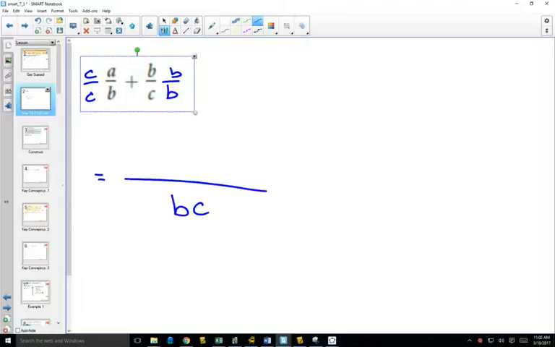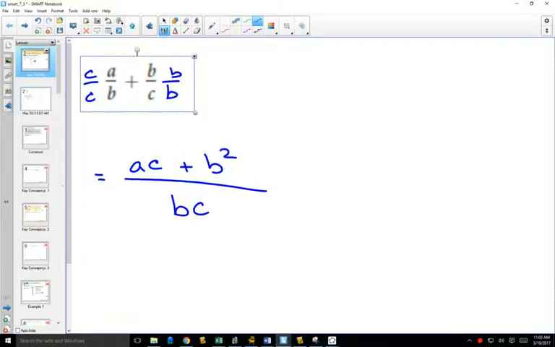How do we add fractions after we get a common denominator? We just keep the denominator the same, add the top. So what am I going to get on the top? I'm going to get ac plus b squared. And this is considered simplified because now it's a single fraction, whereas before we were adding two fractions.